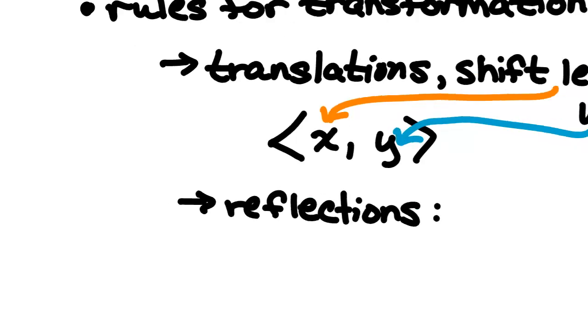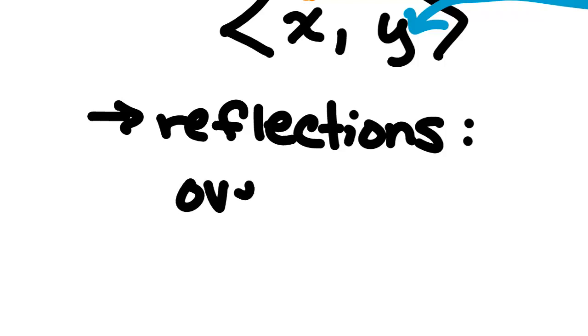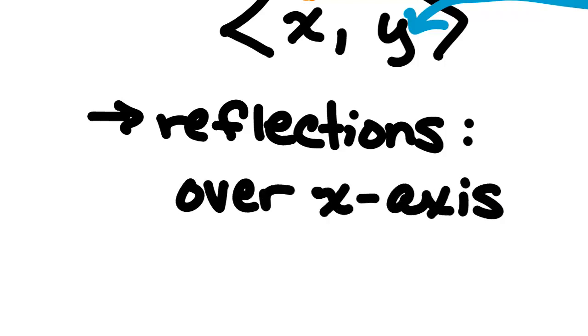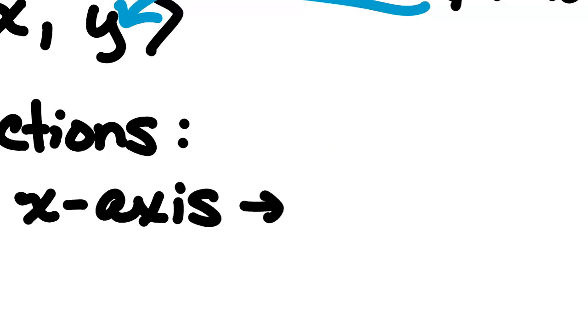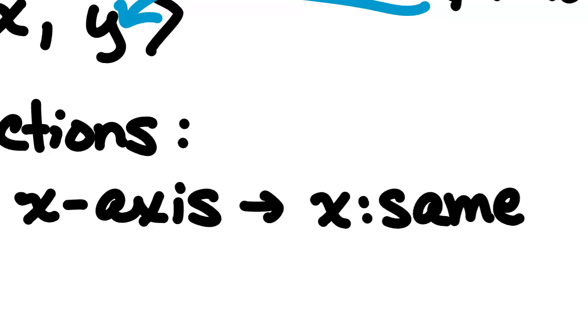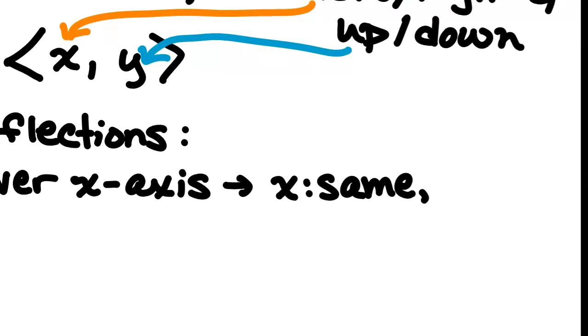For reflections, if it's over the x-axis, x stays the same, y changes signs.